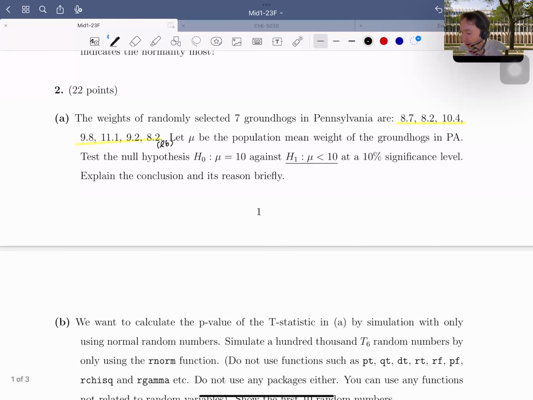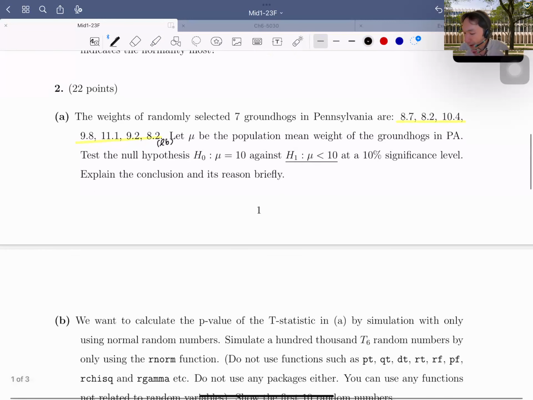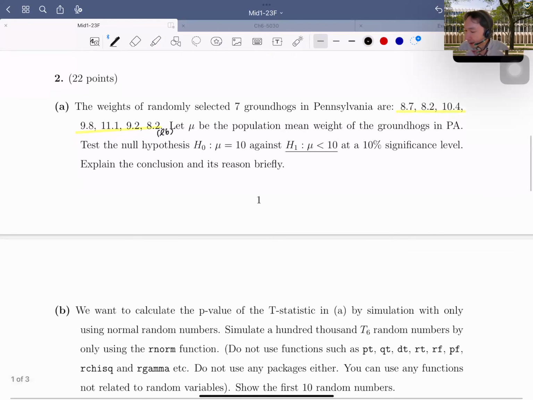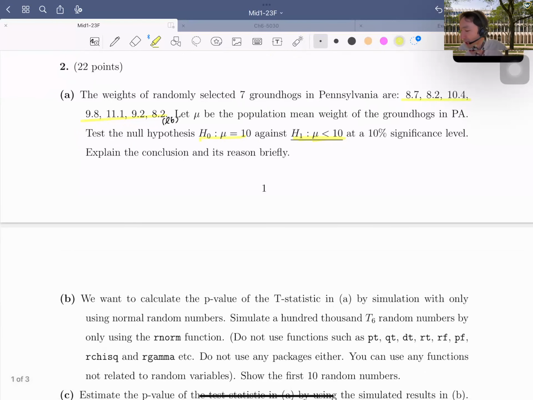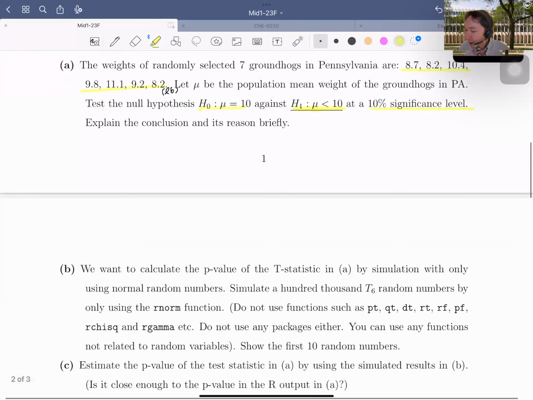The population is much larger, of course. Test the null hypothesis against this. Originally, it had some typos. The H1 is mu is less than 10, so a one-sided test at the 10% significance level. Explain the conclusion and its reason briefly.